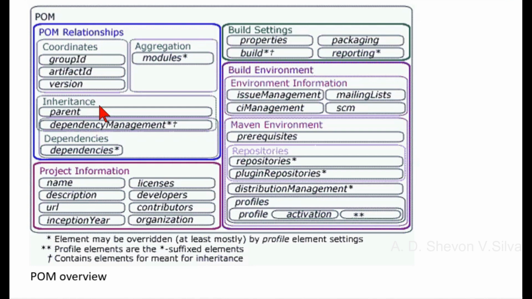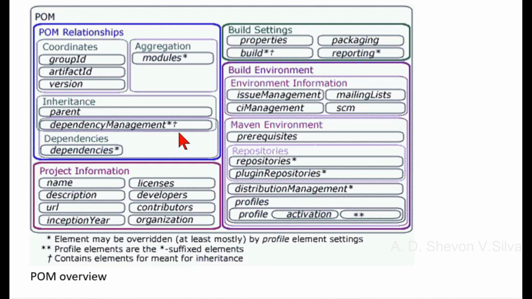And the super POM, similar to inheritance of objects in object-oriented programming, POMs that extend parents' POM inherit certain values from that parent. Moreover, just as Java objects ultimately inherit from java.lang.Object, all project object models inherit from a base super POM.